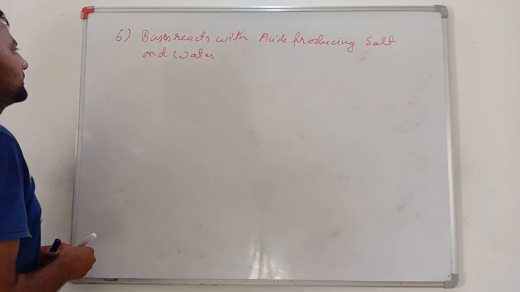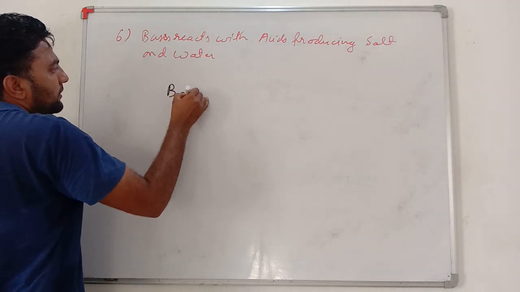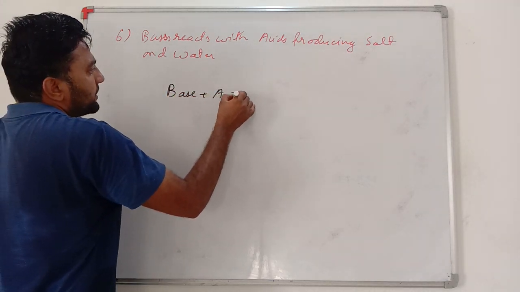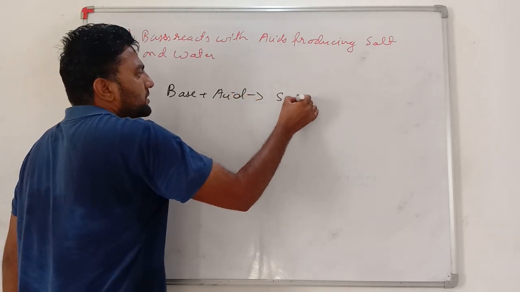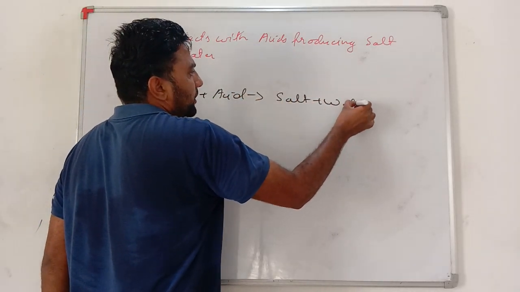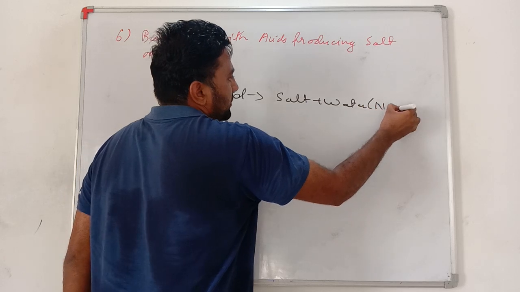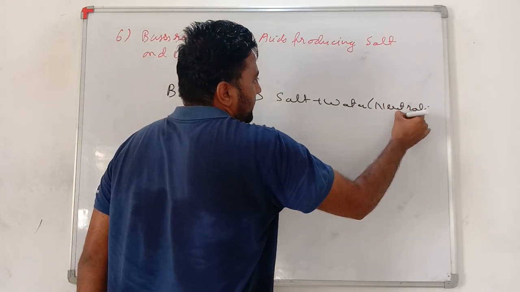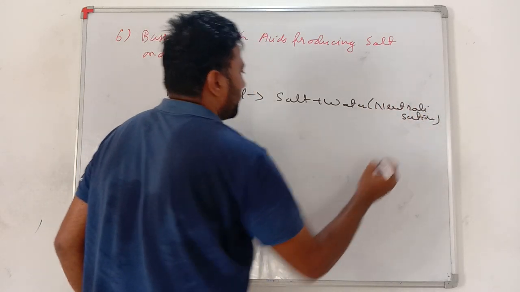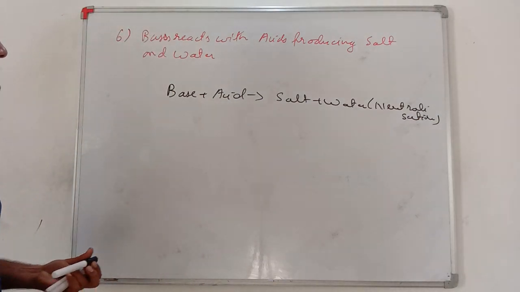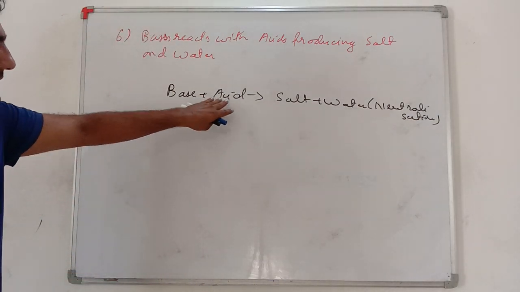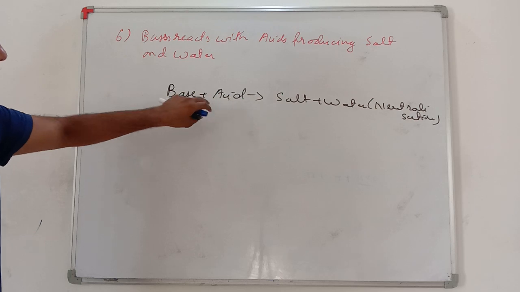That is, base plus acid gives us salt plus water, and we all know this reaction is a neutralization reaction. The reason is that in such reactions the base cancels the acidic nature and the acid cancels the basic nature.